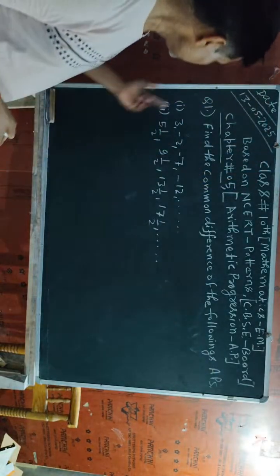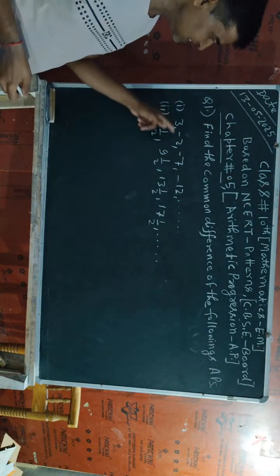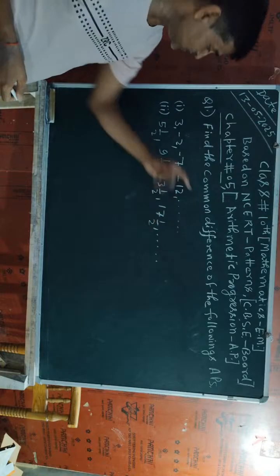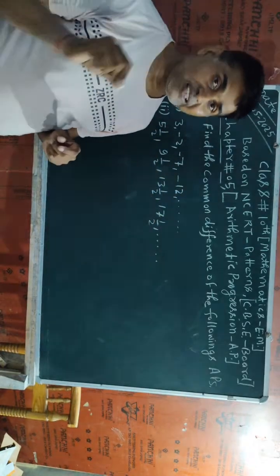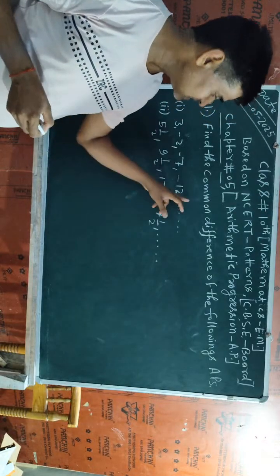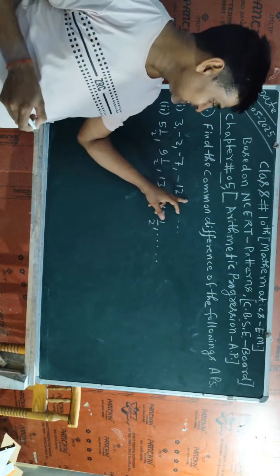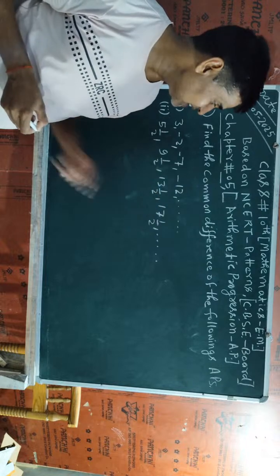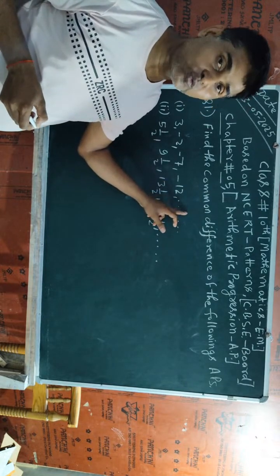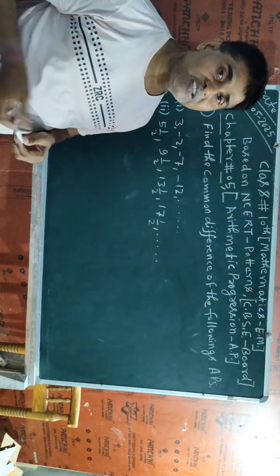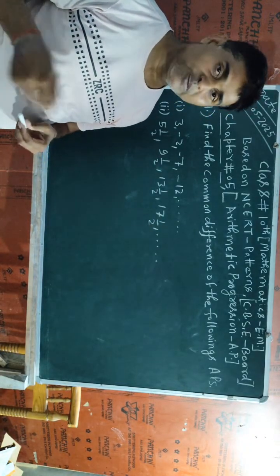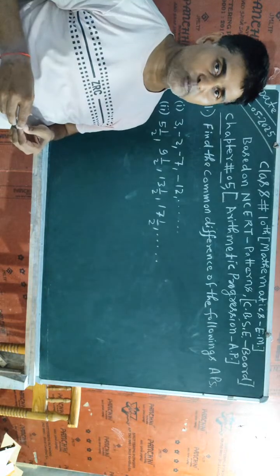Okay, students. Now one question is written here, that is a sequence. If this sequence is written with a definite order, with a definite rule, then that rule I will say is the arithmetic progression. Later I will read about the geometric progression and also the harmonic progression.